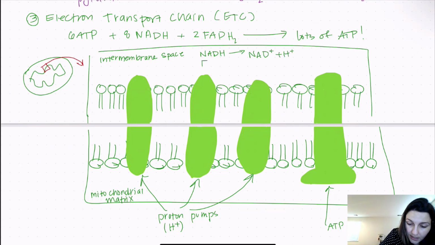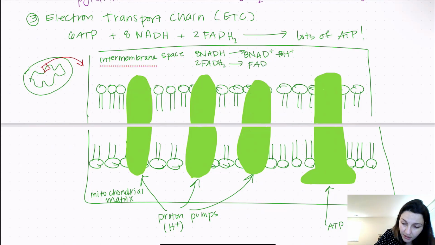And if we do FADH2, we get FAD plus H plus. So we get 2 of these and 4 of those.